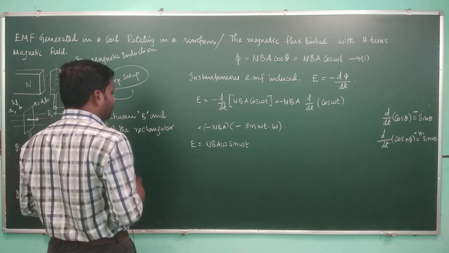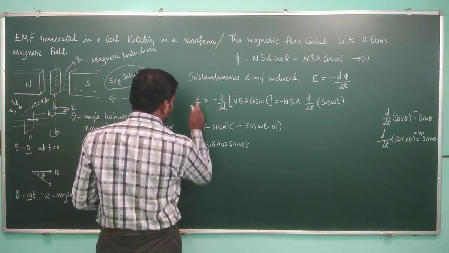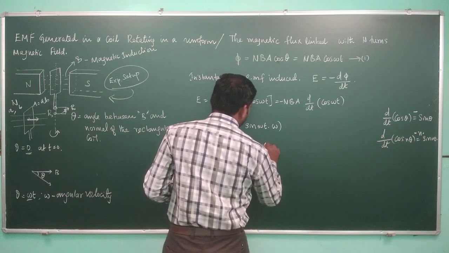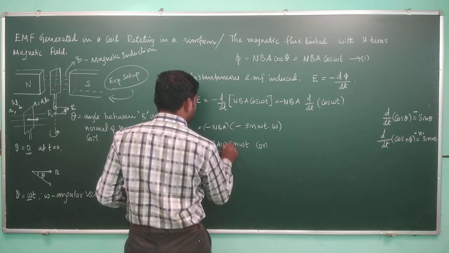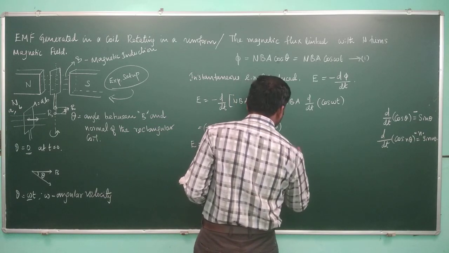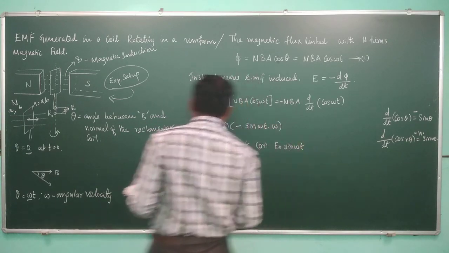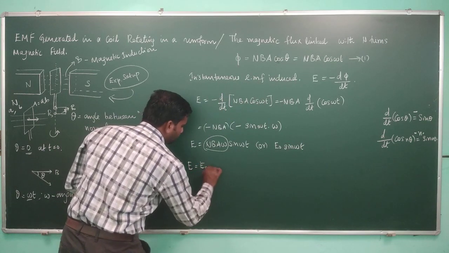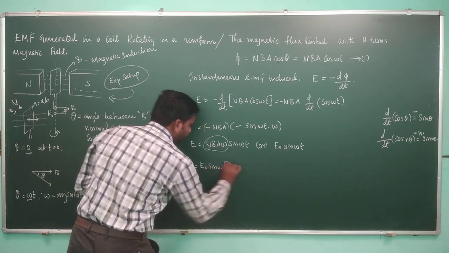Or we can take all these terms as constant and denote them as E naught, so that E is equal to E naught sin omega t.